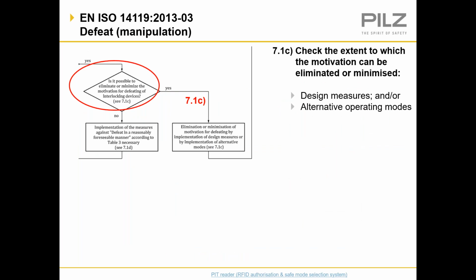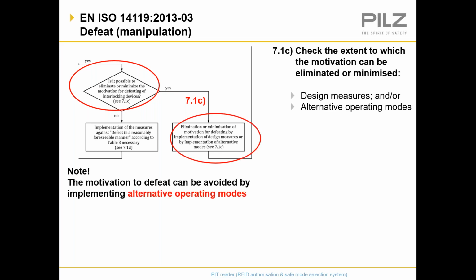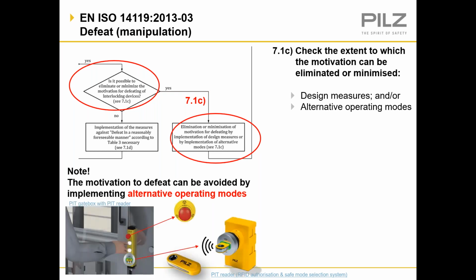7.1c, check the extent to which the motivation can be eliminated or minimized. So if there is a motivation to defeat, can we minimize it or eliminate it? We look at the design measures, but we then also look at alternative operating modes. And note, motivation to defeat can be avoided by implementing alternative operating modes. For Pilz, this could be using what we call a PIT gate box with a PIT reader.